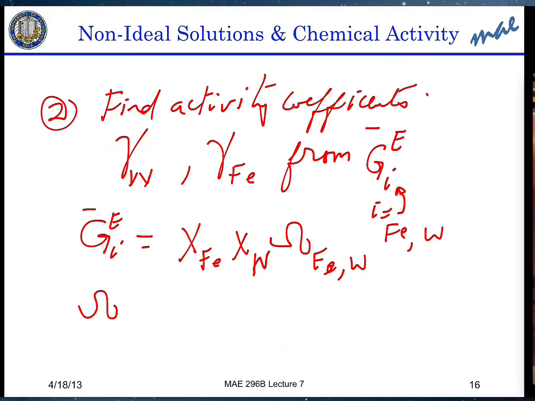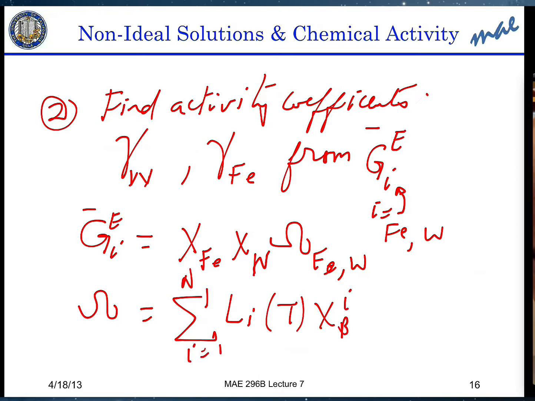And the interaction function is a polynomial, as I mentioned before, L_i of T, x_b to the power i from i to the n, and hence we are able to obtain the activity coefficients.